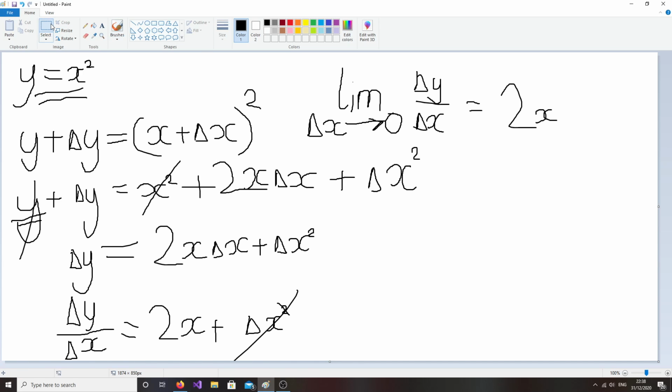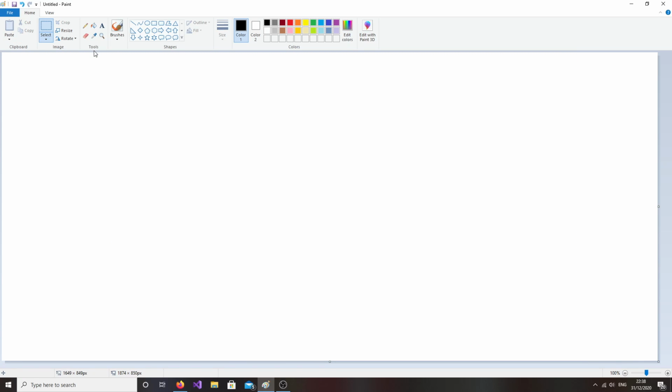Great, since we've done this, let's go a bit simpler and see if we can apply the method of increments again, this time using y equals 5x. So it's not an x squared, it's just order of polynomial 1. So y equals 5x, so let's do the same process as before.